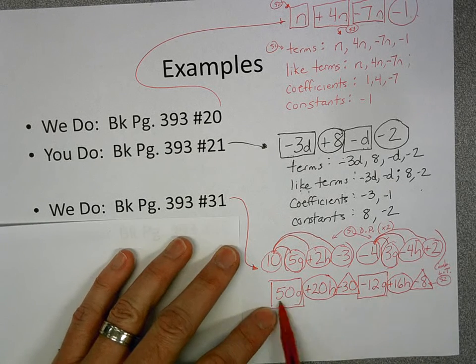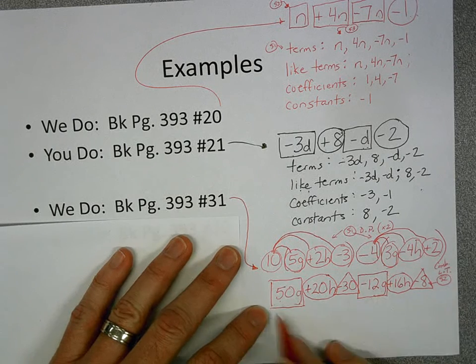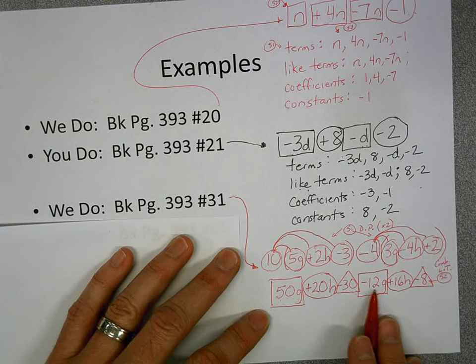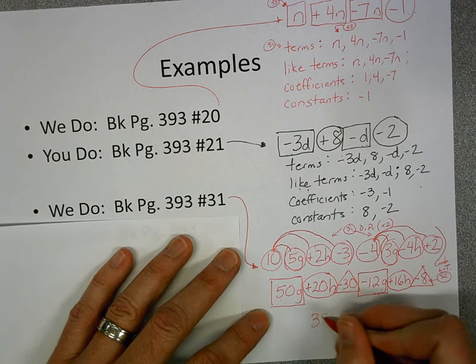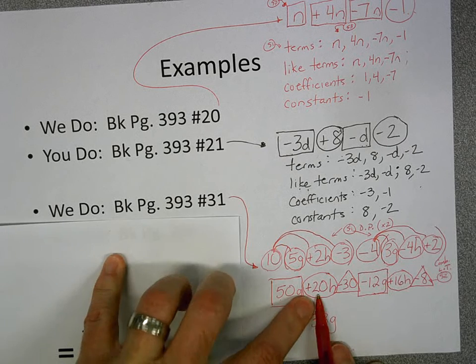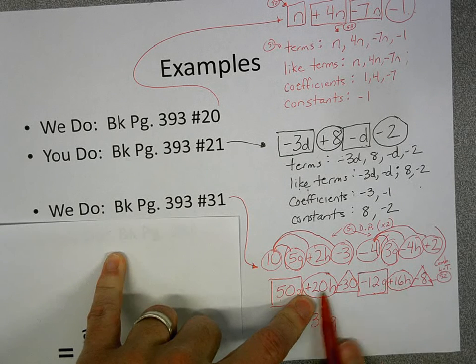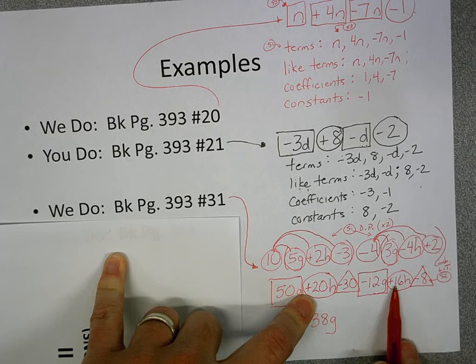So here we go. I have 50g minus 12g. Well, I know 50 minus 10 is 40, minus another 2 is 38. So what I have is 38g. I have my h terms, positive 20 plus 16. Well, 20 plus 10 is 30, plus the extra 6.